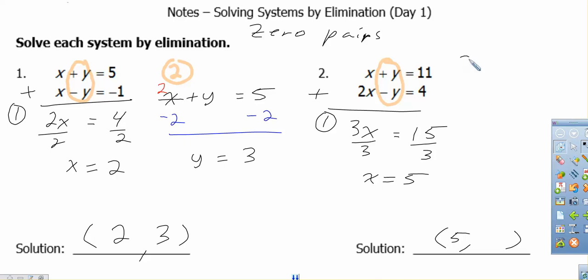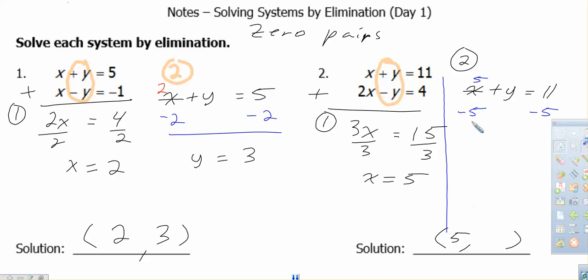All right, step 2, take the first equation, x plus y equals 11. Well, if x is 5, then let's subtract 5 from both sides. We get that y equals 6. So our ordered pair is 5 comma 6.